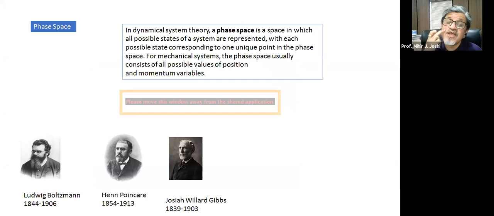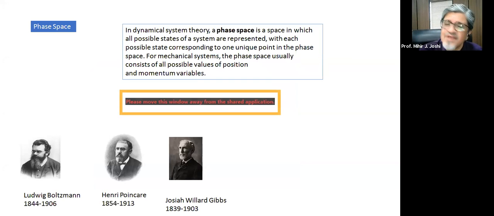Now we come to the phase space. We have already studied the phase space. Now what is phase space? You can see the 3 photographs of famous scientists. One is Ludwig Boltzmann. We know that the Boltzmann constant is the creation of Ludwig Boltzmann. Another one is Henri Poincaré.